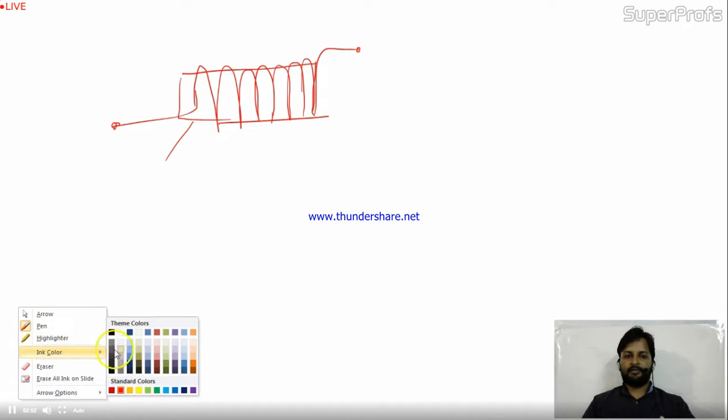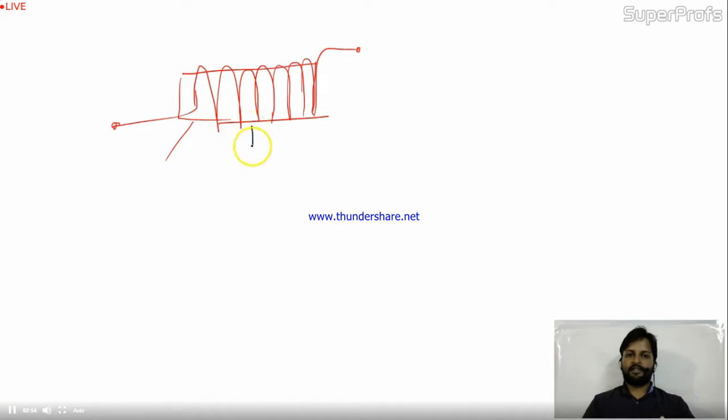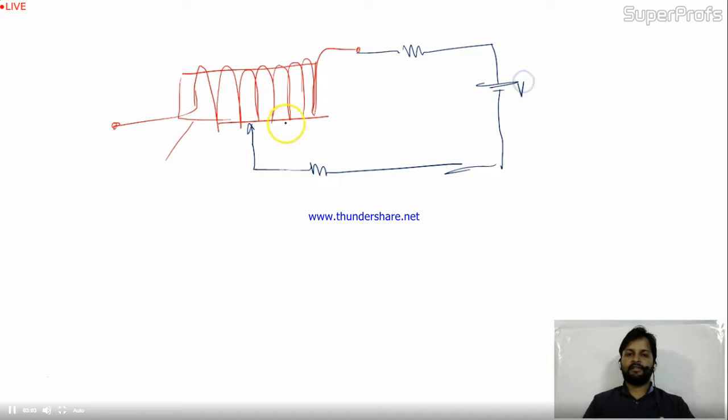Here we have one jockey type of structure, connected with a circuit like this, with the battery part over there. When you move this jockey over the rheostat, what will happen? The length of the resistive wire will change, so the resistance of the wire will change, and we can take different values.